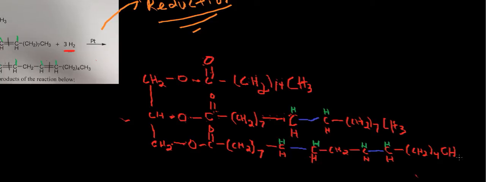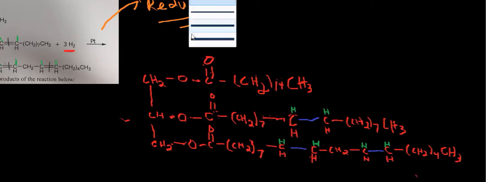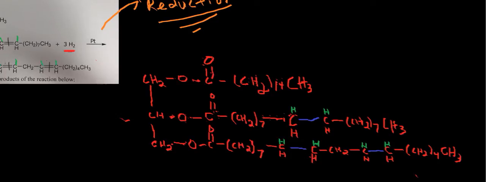And this is the final structure. Our final structure is this saturated triglyceride. Let's count up our hydrogens to make sure we have all 6. We have 1, 2, 3, 4, 5, and 6.